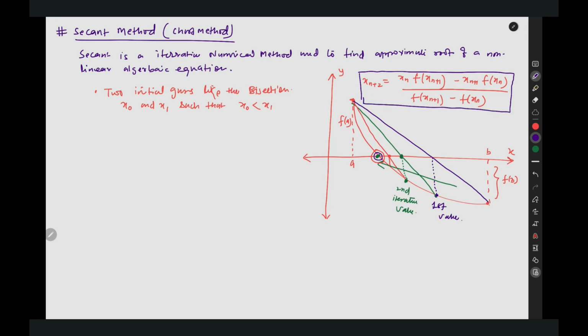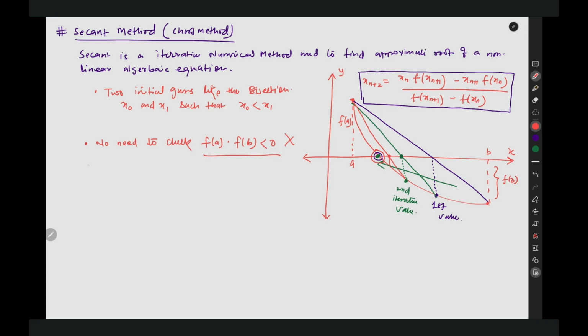Now we will see what the implications of this method are. First, there is no need to check f of a into f of b less than 0. In bisection or regula falsi, we check that the product should be negative, but for the secant method we do not check this.